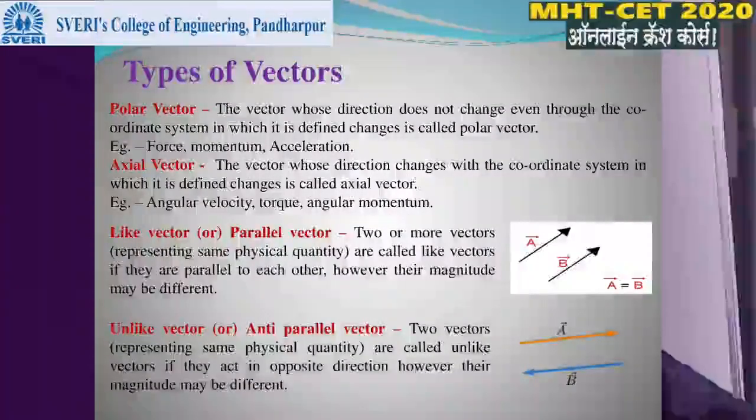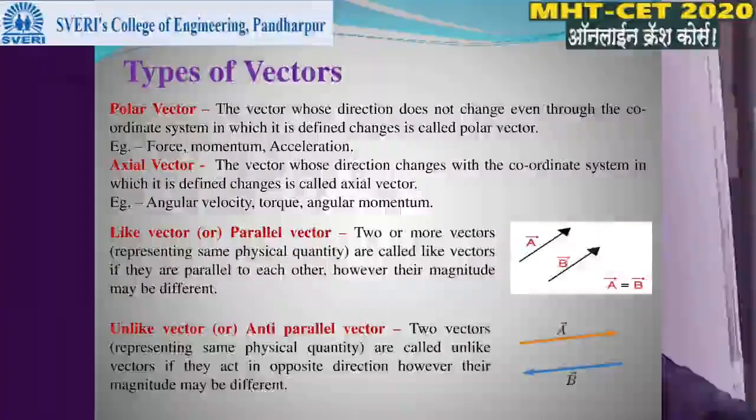Again, the second type of vector is the axial vector. The vector whose direction changes when the coordinate system in which it is defined changes is called an axial vector.